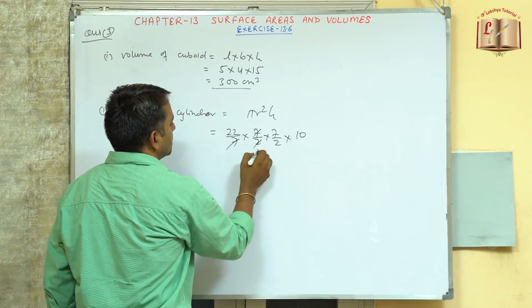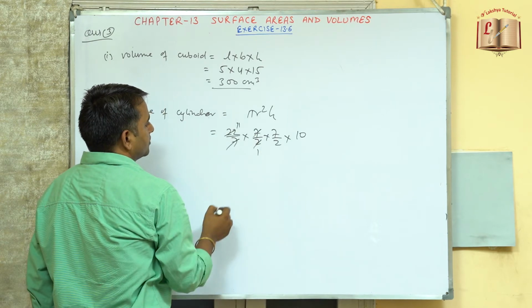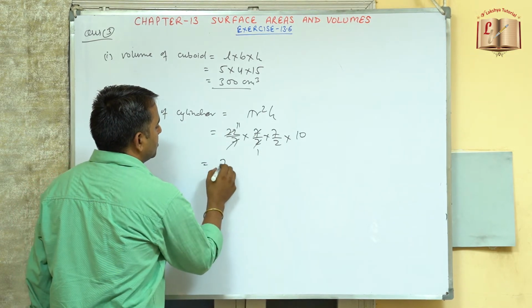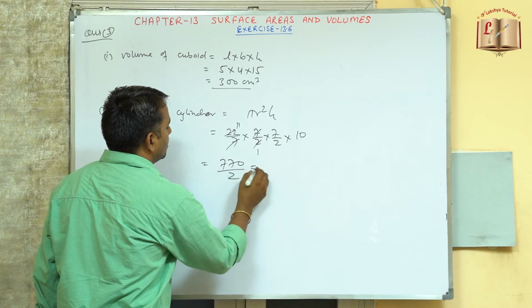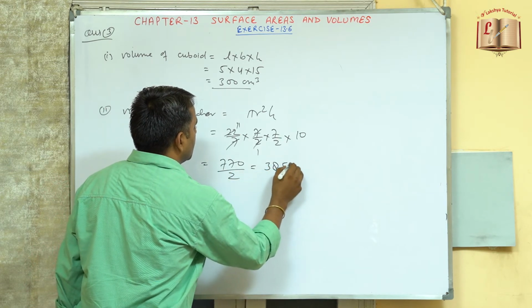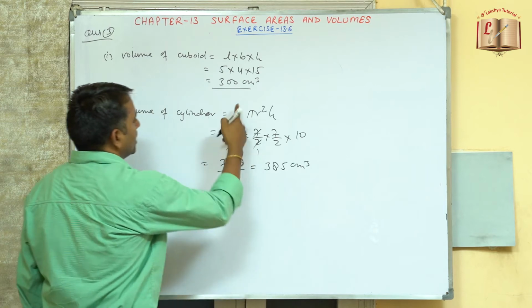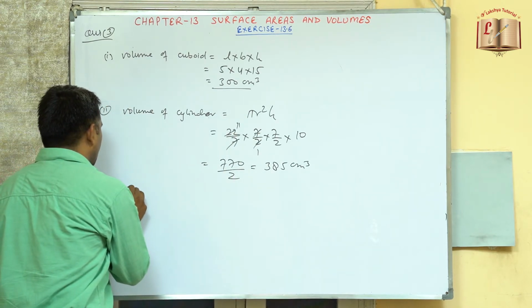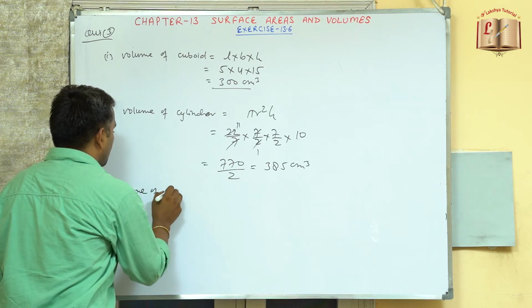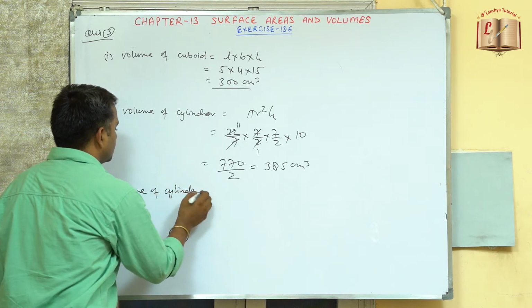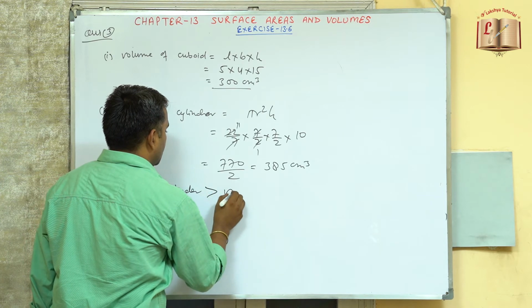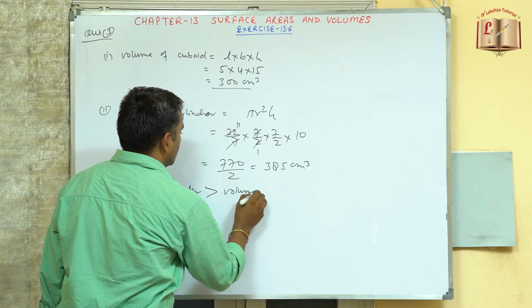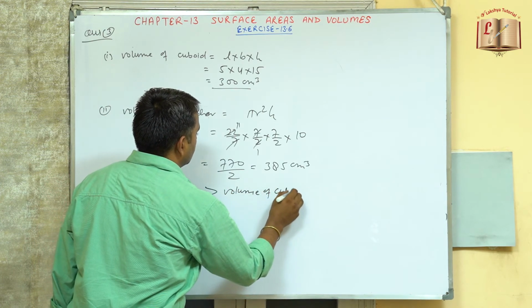So 7 cancels 2. This is now 11. So on multiplication, this will be 770 divided by 2. So this will be 385 centimeter cube. So this volume is bigger. So we can say that volume of cylinder is greater than volume of cuboid.